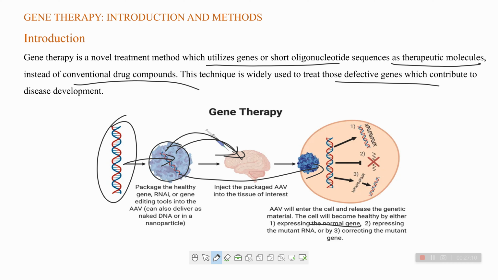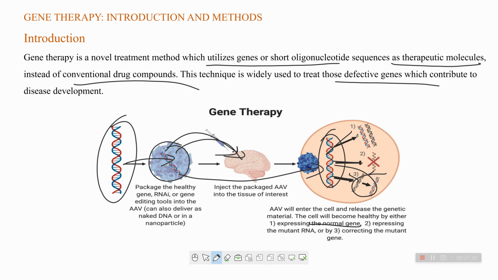What happens there? There are three possibilities. Either this gene is translated there and functions as a normal gene, or this gene replaces the mutant RNA, or this gene corrects the mutant gene.